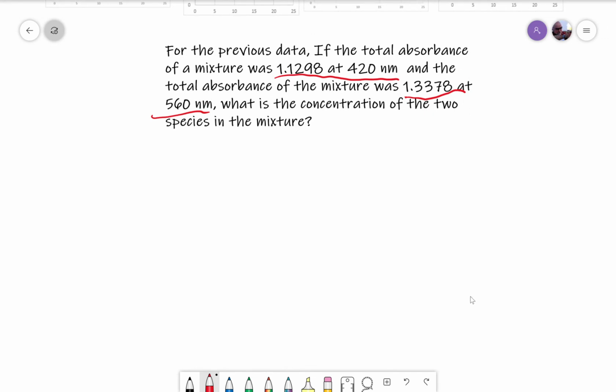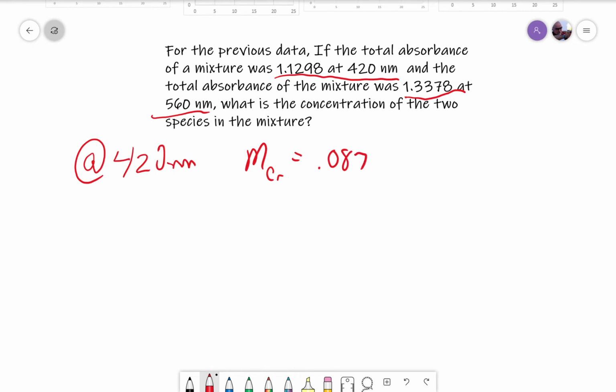Let's start by setting up what we know. At 420 nanometers, we know that the slope of the potassium dichromate is 0.087.